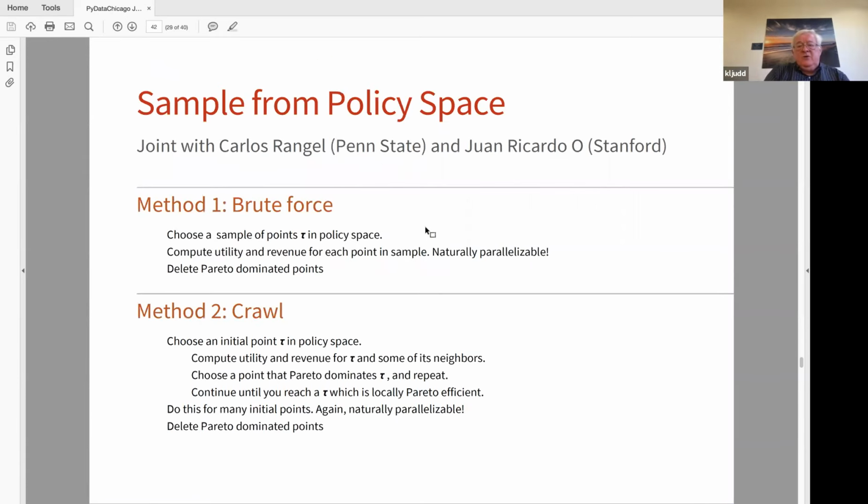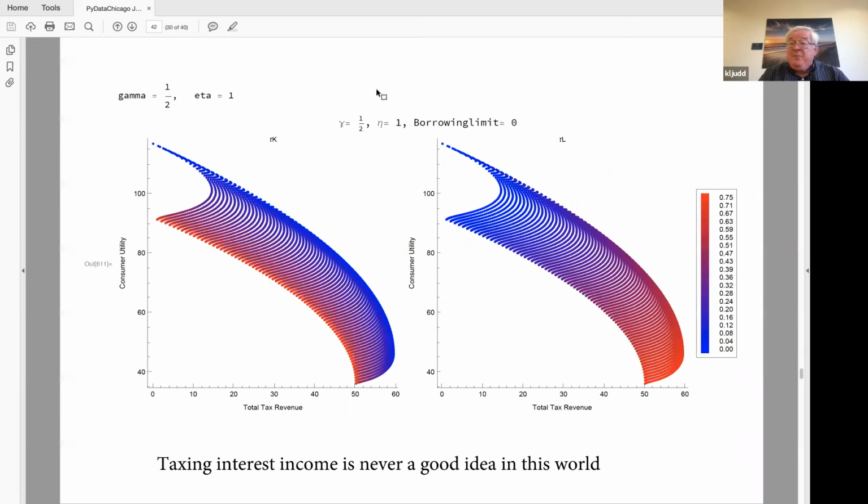So with a couple of students I've been working with, we just sample. This is an example of a simple economy where we look at taxes on interest and taxes on wage rates, and we look at the Pareto frontier. Each of these dots is on the Pareto frontier, and here's the tax on capital. On the Pareto frontier, the tax on capital is always basically 0.